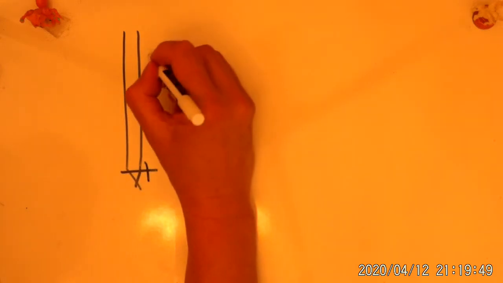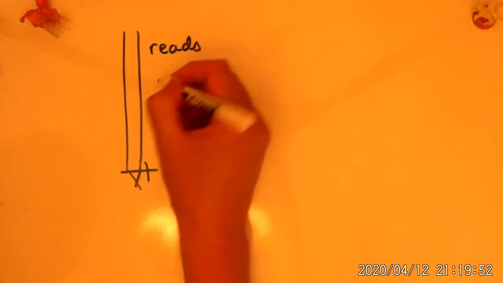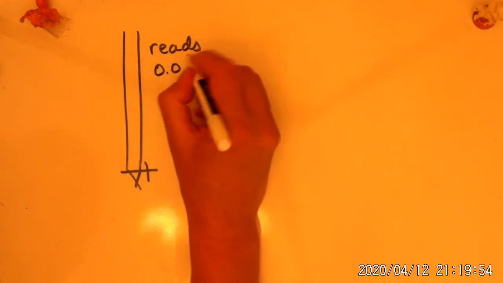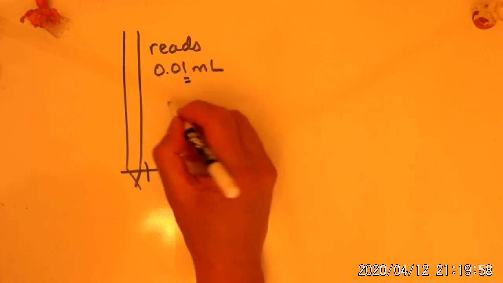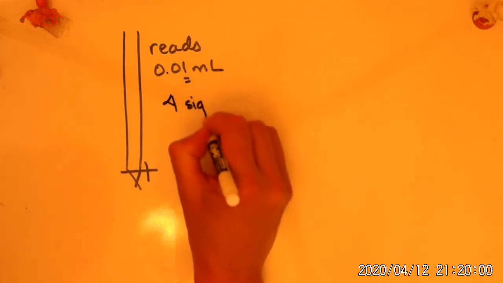So let's go through our equipment. When you read your burette, what are we doing? Okay, this reads to the 100th of a milliliter, so you'll get up to 4 significant figures.